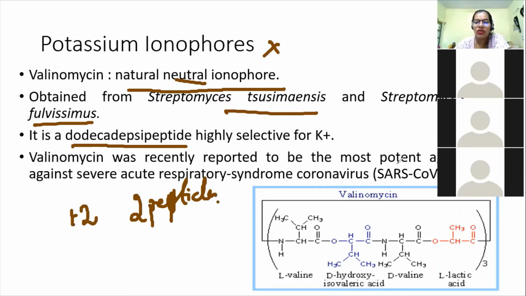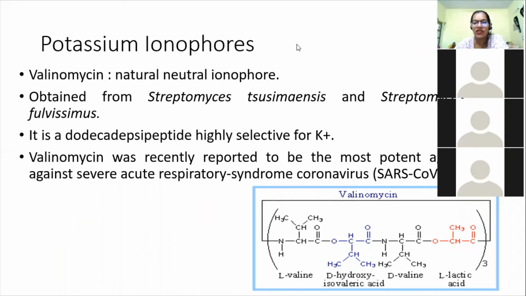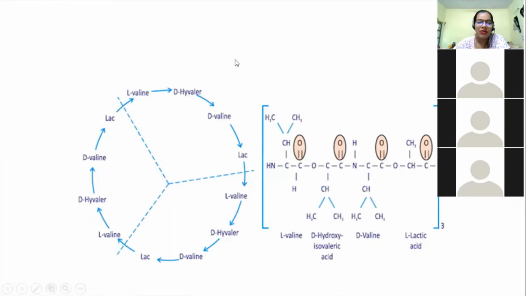Now, look at the structure over here. You have to remember the basic sequence of the structure. It has L-valine, dihydroxyisovaleric acid, D-valine, and lactic acid.